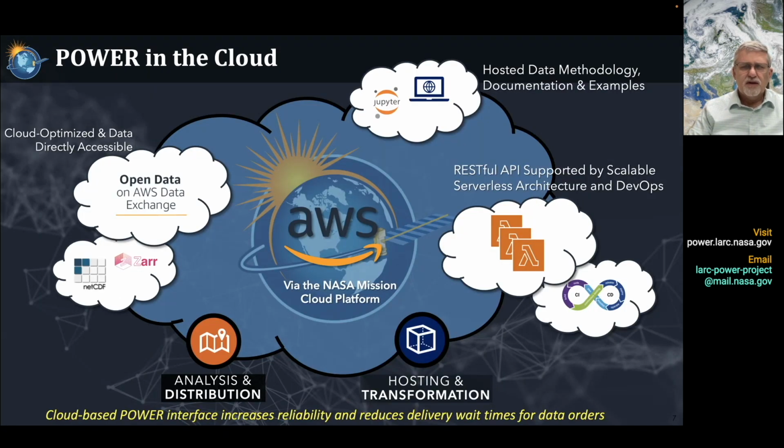Now, one of the things that we have done is migrate to the NASA-managed Amazon Web Services cloud-based system. It's called the Mission Cloud Platform, and this is due to an agreement between NASA and Amazon. They've allowed us to serve our data products from this platform.